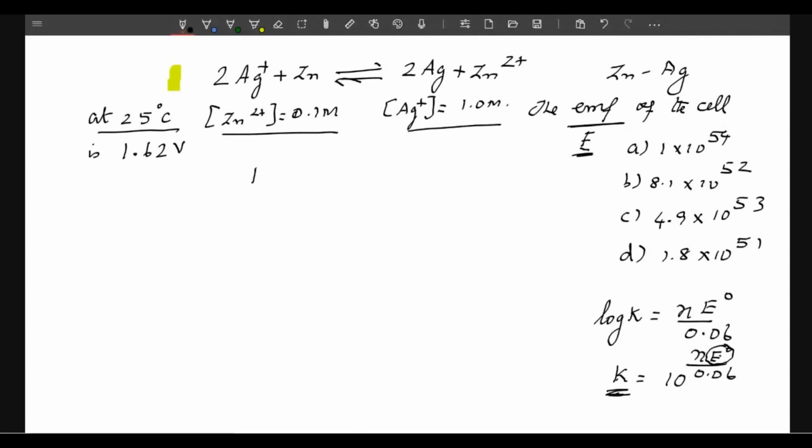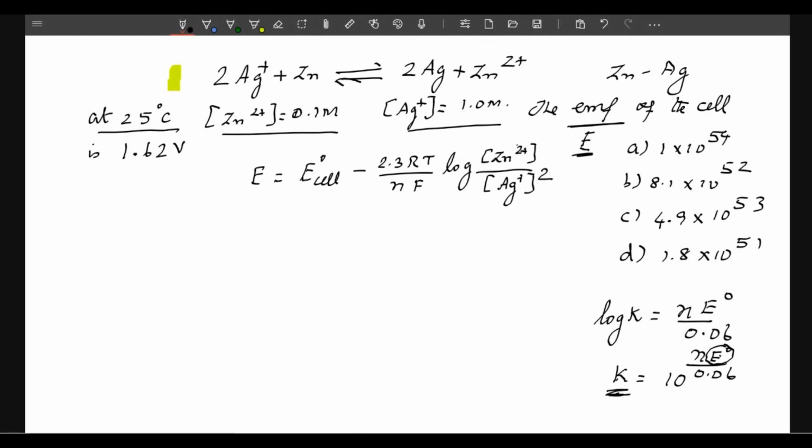You can write the Nernst equation as E is equal to E naught of the cell minus 2.3 RT by nF into log of the activity of the products divided by the concentration of the reactant, power 2.